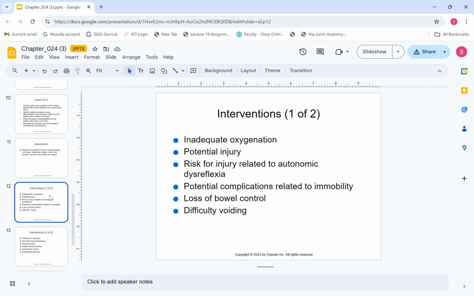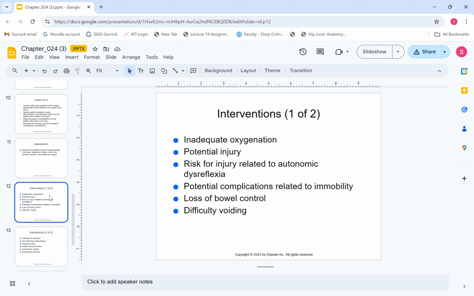All right, but we want to do things that we would normally do. We want to do their O2 sats, right? We at least want to make sure the ventilator's on and it's working. All right, if they're not on a ventilator, okay, they still might have, with a lower spinal cord injury, they may be able to use their diaphragm fine, but they have maybe some issues with their accessory muscles, their intercostals, right?